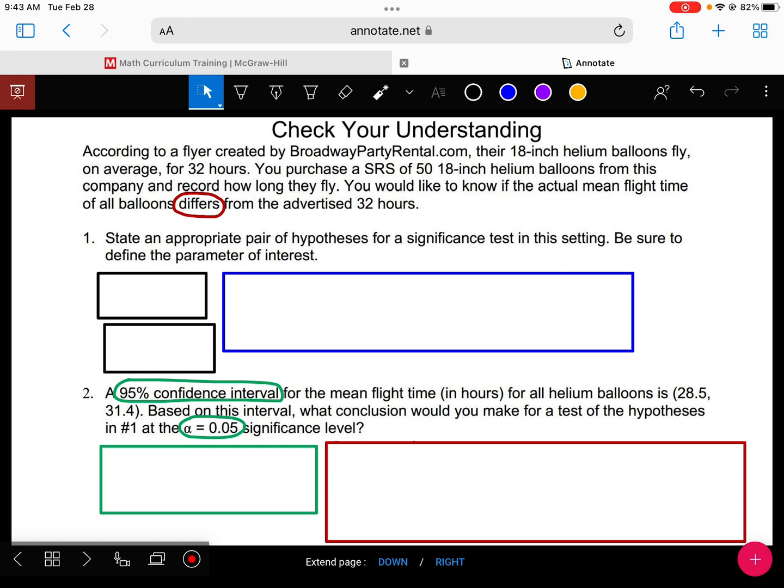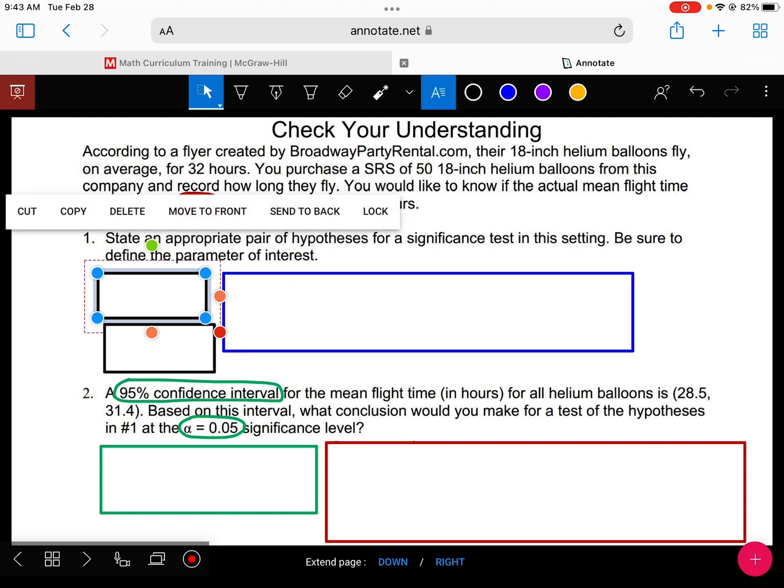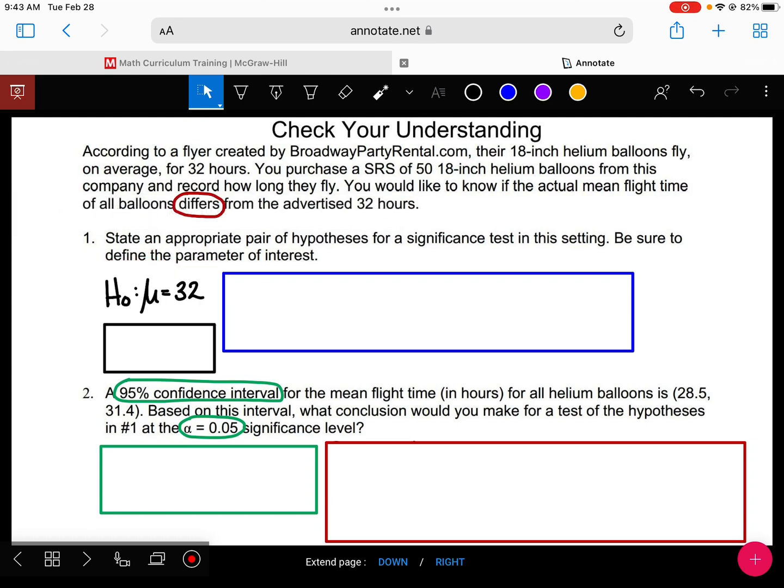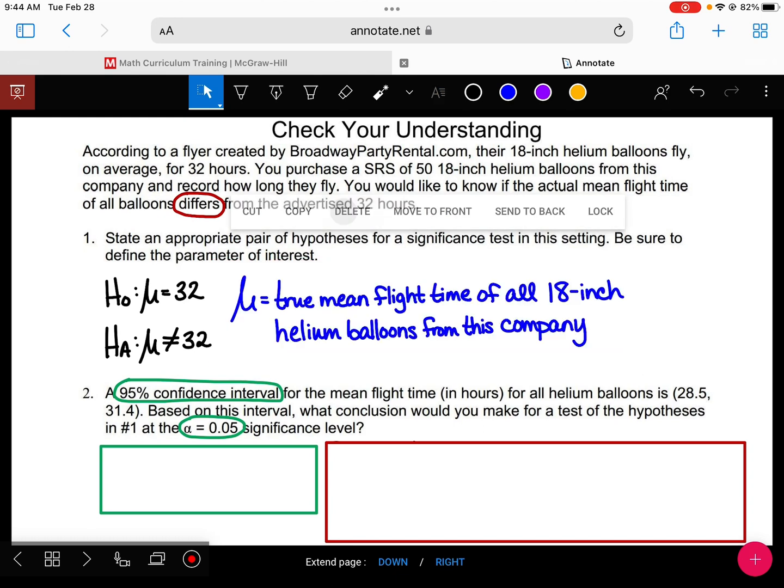What would the null hypothesis be? Mu is equal to 32. What would the alternative hypothesis be? Mu is not equal to 32. What is mu here? Yes. True mean flight time of all 18-inch helium balloons from this company.